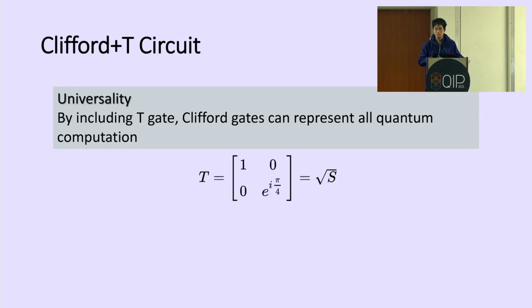Well, it turns out it's not too hard. We just need to include another single qubit gate called the T gate, that is the square root of the phase gate. And by introducing this gate together with the Clifford gates, it becomes a complete set. So these gates will be able to represent all the quantum computation.